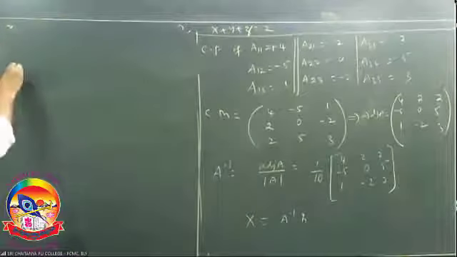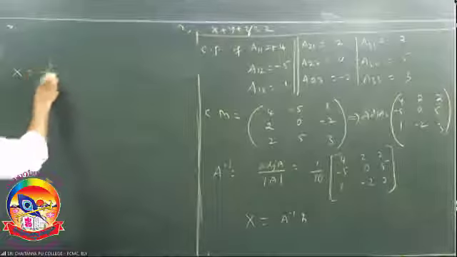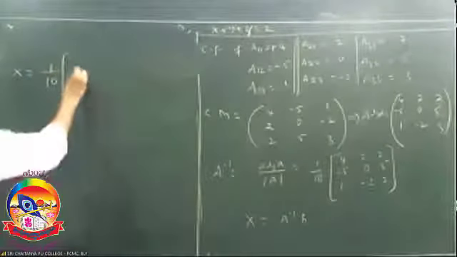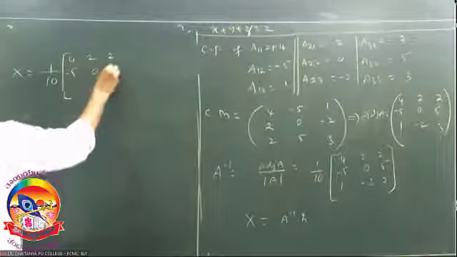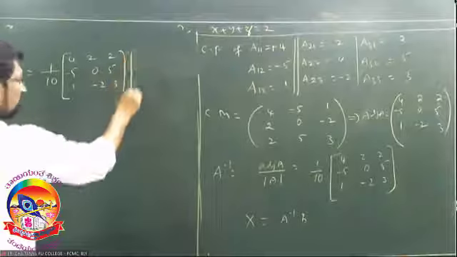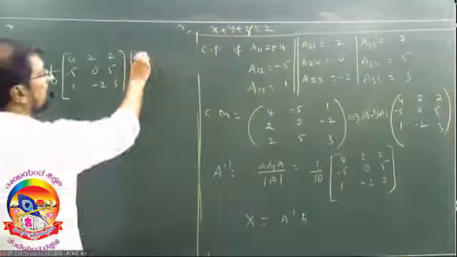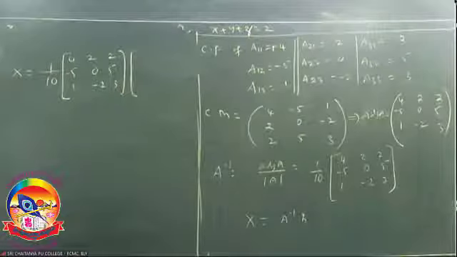Yes, X equals A inverse, you got it as 1 by 10, right, into 4, 2, 2, minus 5, 0, 5, 1, minus 2, 3 into the constant matrix given, 4, 0, 2, I think.